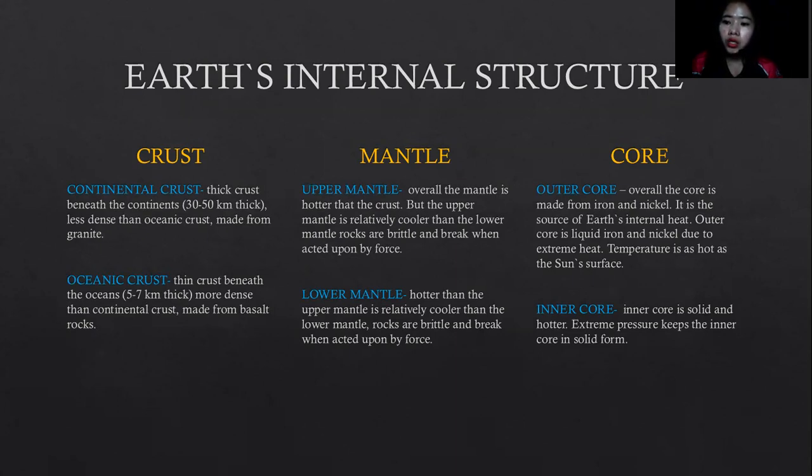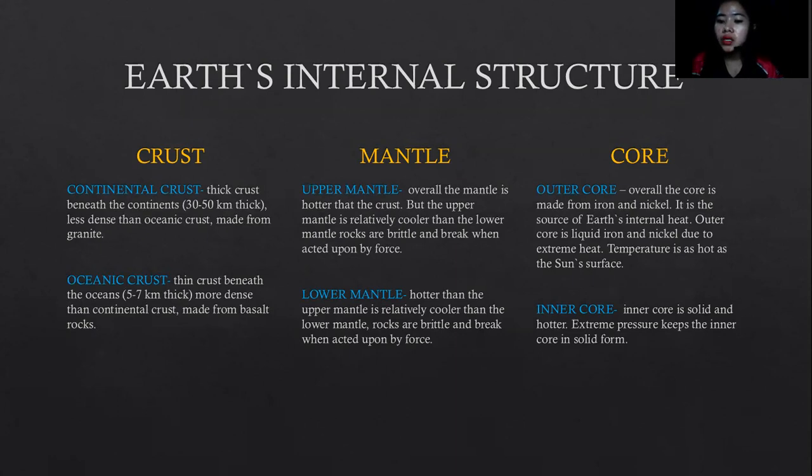So the temperature there is similar to the sun's surface. So di ba, as we all know, the chromosphere is the surface of the star, which has a temperature equivalent to our outer core. So inner core is solid and hotter.